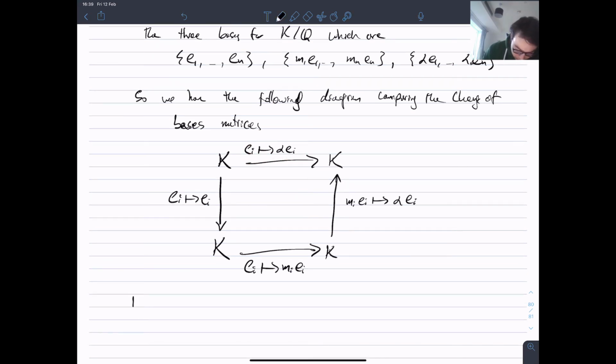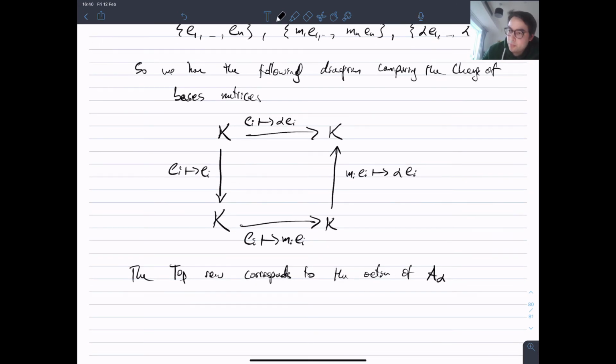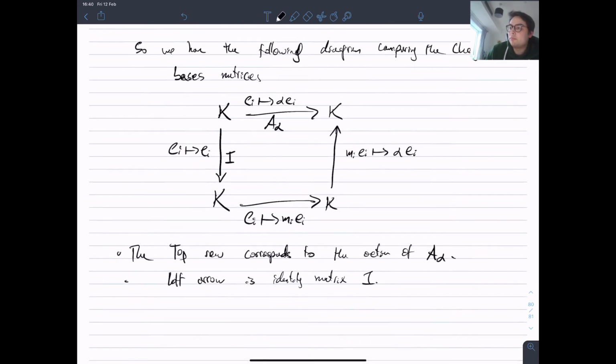So the top row corresponds to the action of the standard representation of alpha, which we call A_alpha. The left arrow is the identity matrix, which I denote by I.